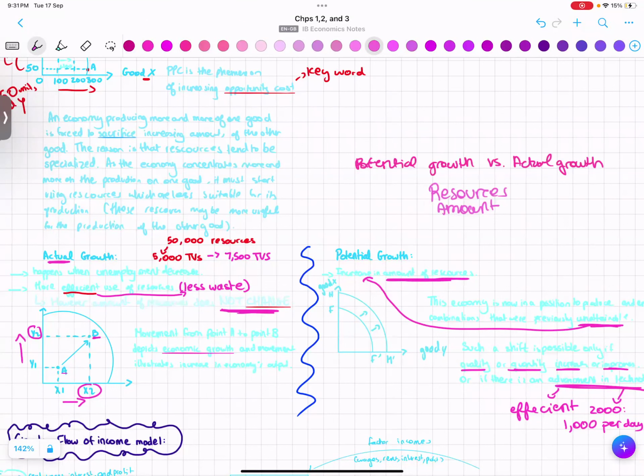Okay, so this is what you have to know. It's the amount of resources. Here it changes. Here it does not change. So this is the key difference.